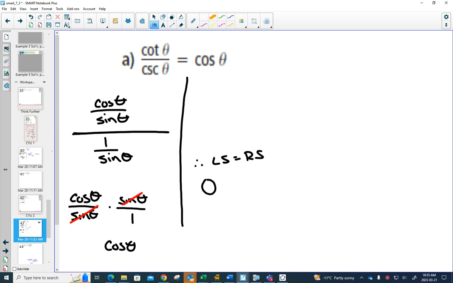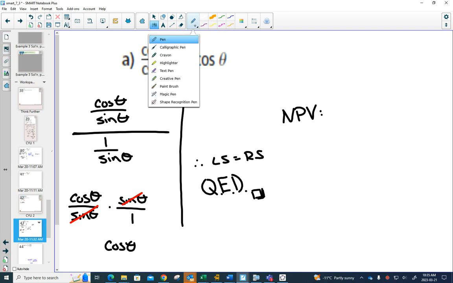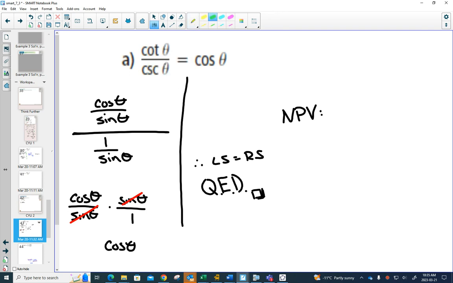And we're done our proof. Now that we've done our proof, for non-permissible values, take out a highlighter and highlight all the places in this question that you're dividing.